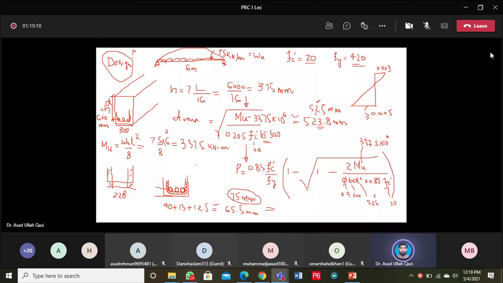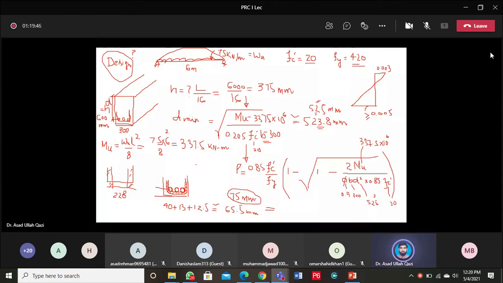First check that under the root whether you get negative sign or positive sign. So if you get negative sign, it will be a caution that you are actually leading towards an over reinforced cross section which is undesirable. Everyone should calculate and please participate.